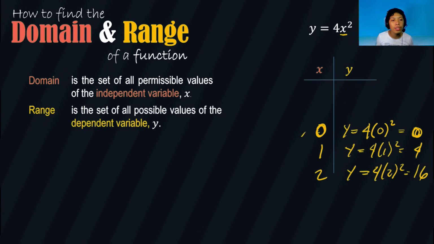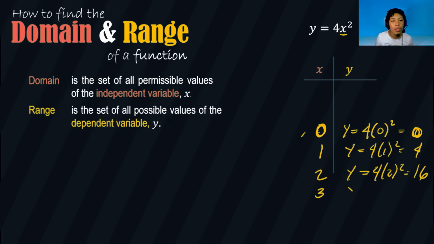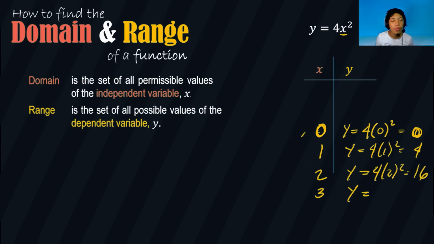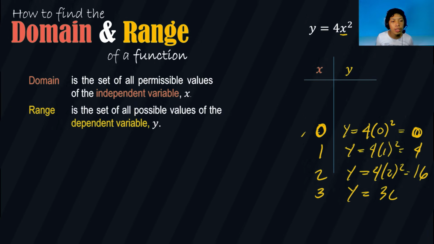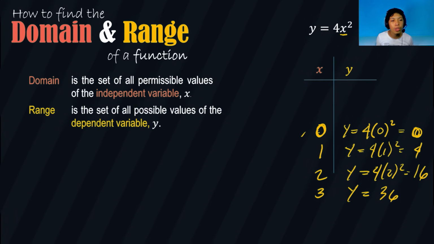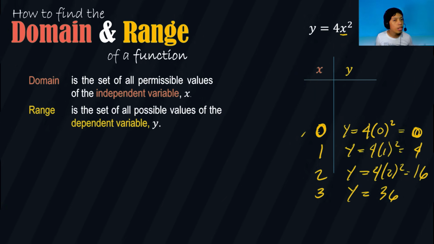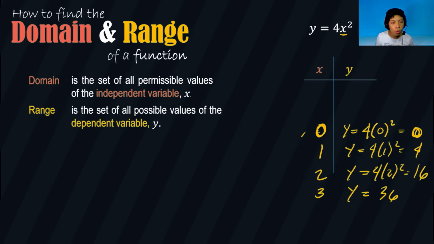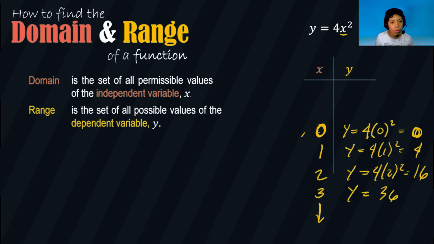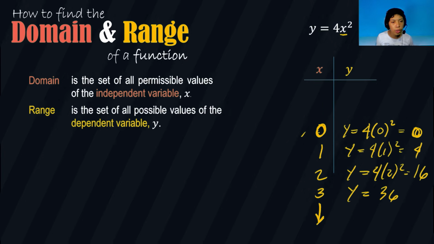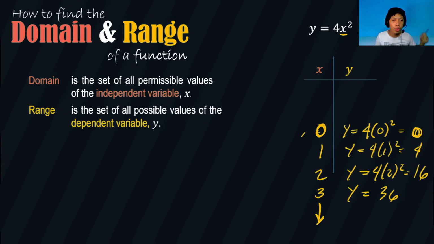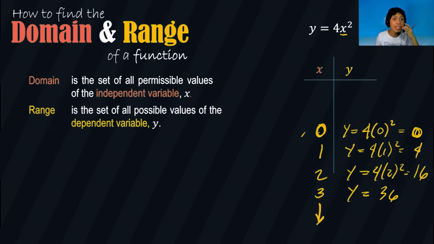Can you see the pattern? When x is 3, 3 times 3 is 9, 9 times 4 is 36. So, 0, 4, 16, 36. Nag-i-increase lang siya. So, if the value of x increases infinitely, then y also increases infinitely, but still a real number.